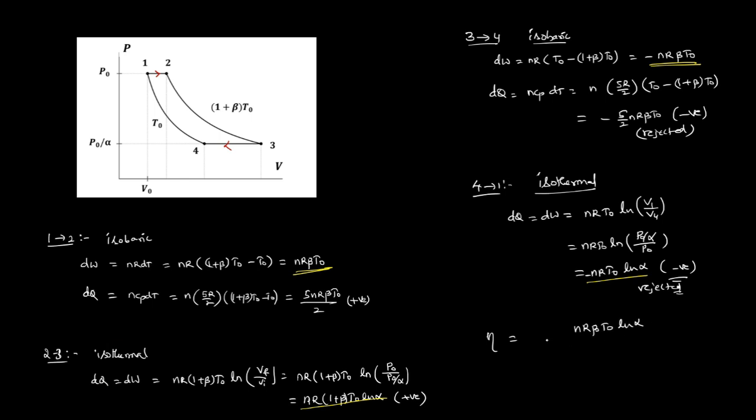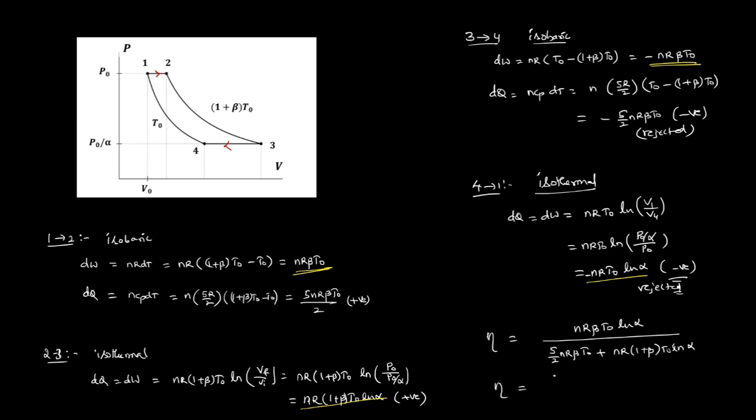This is something like work in mathematics divided by dq, which is positive. Here dq is positive, and here also dq is positive. I can write 5 by 2 nR beta T naught plus nR into 1 plus beta T naught ln alpha.